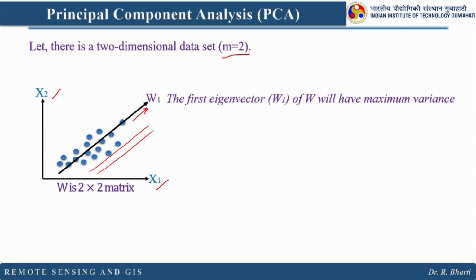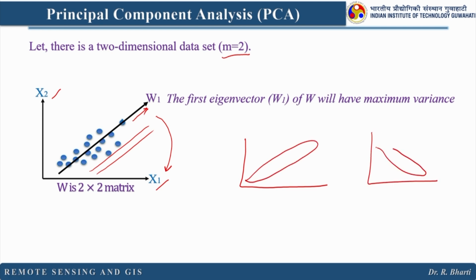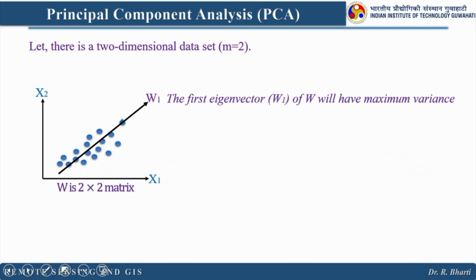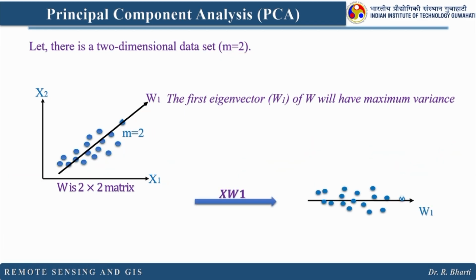Here we use some angle to rotate this information. I hope you are familiar with this: this is positive correlation, this is negative correlation, and if your data set is distributed, then it doesn't have any correlation. So we will uncorrelate this data set by transforming it, by changing the axis and rotating it, right.